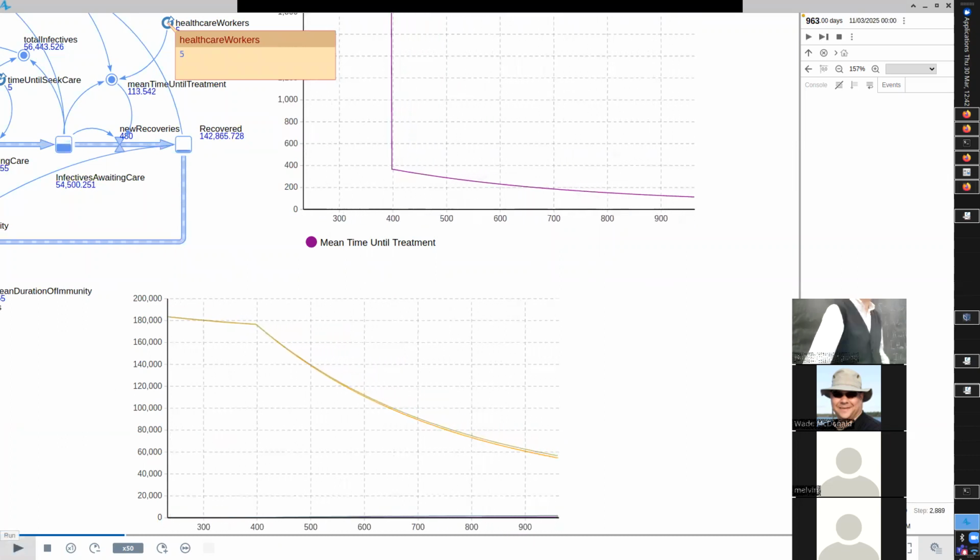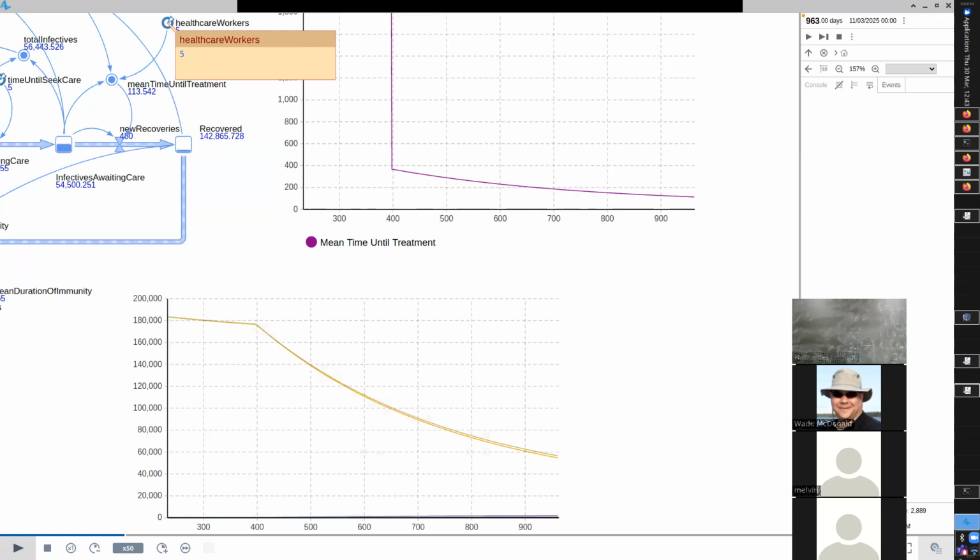Why is the amount of time they're waiting going down? Well, we have more healthcare workers to work through the people who have to be treated, right? So you're not waiting for treatment to get cured of your infection for as long. Once you're in line, you're getting to the front as if there were one healthcare worker.